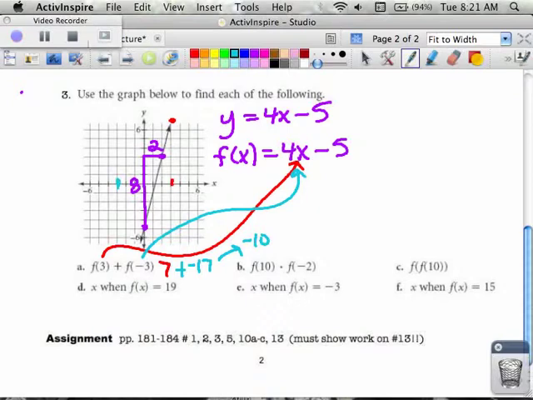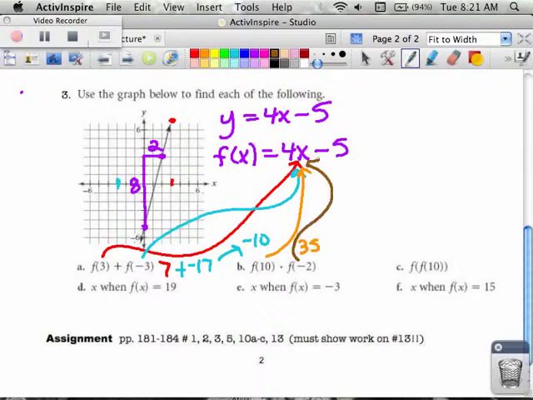So there's a small process to go through in order to find the value that you want. In part B, if we do the same kind of thing, if I put the 10 in for the x, 4 times 10 is 40, minus 5 is 35. Then I can also put in the negative 2 for the x.